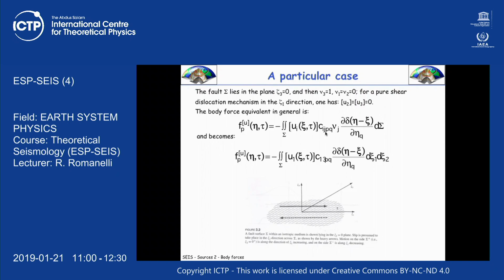But wait, if now we assume that the system is isotropic, the messy fourth order tensor, that is C_ijpq, is becoming much simpler. Just a few elements will be different from 0.